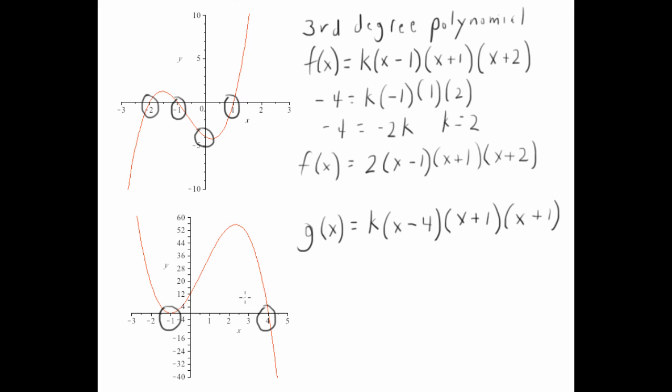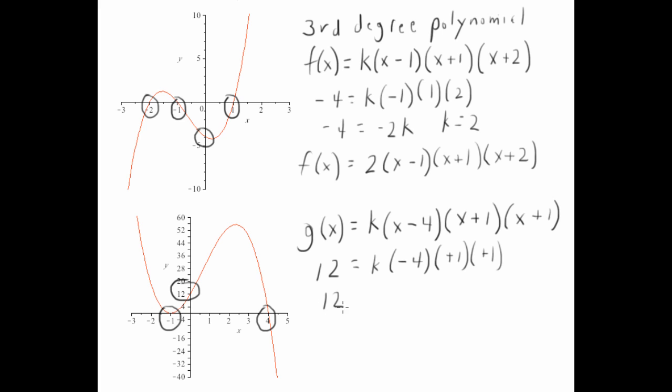Okay, so again, we need to figure out what the k is. So there we have the fact that we have an output of 12 when we plug in 0. So this is going to be k times negative 4 times positive 1 times positive 1.